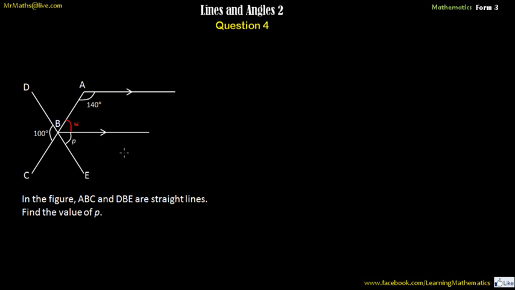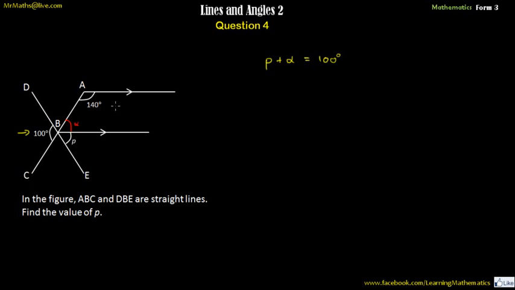What can you tell about P and alpha if you add up together? Alpha and P add up together, it becomes 100 degrees. Why? Because they are vertically opposite angles. Remember, vertically opposite angles have the same value.